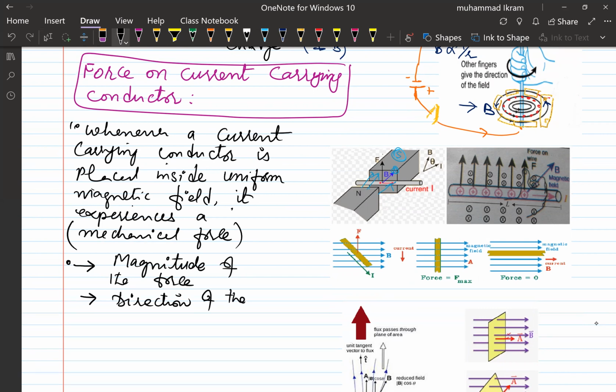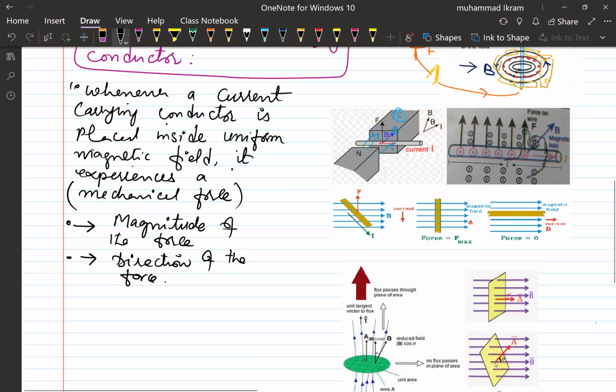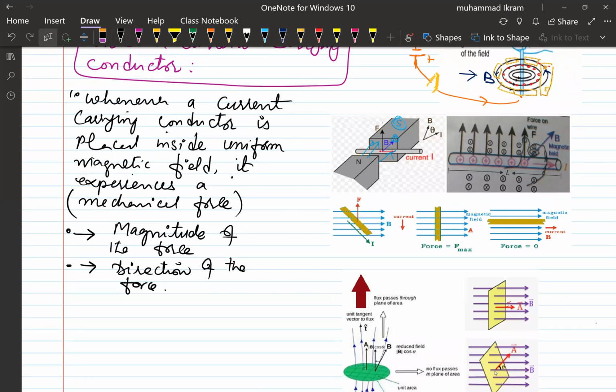First, we just want to know in which direction this force will act. So the direction of the force is perpendicular to the plane containing B and L.